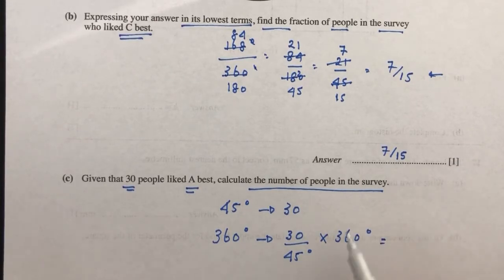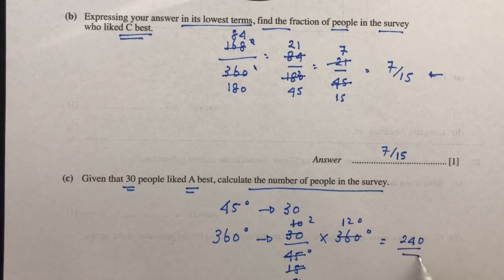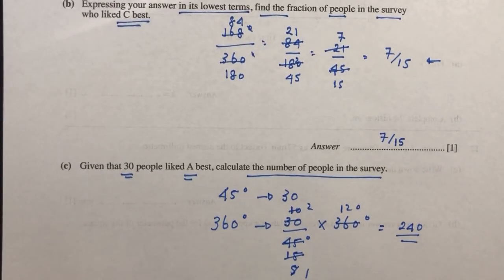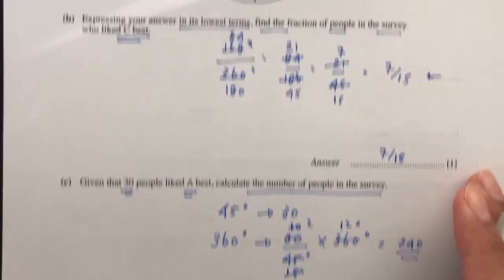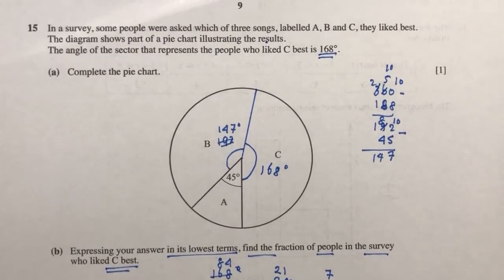Let's divide by 3, divide by 5, divide by 3 again. We have 120, divide by 5. So 2 times 120, we will have 240. So your answer for part C will become 240 people in this survey. And that is question number 15.